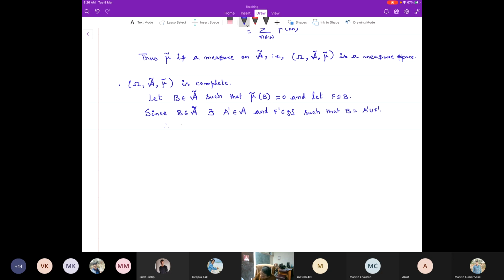Therefore, 0 equals mu tilde of B, equals mu tilde of A dash union F dash, equals mu of A dash. Okay, fine. Then, next.